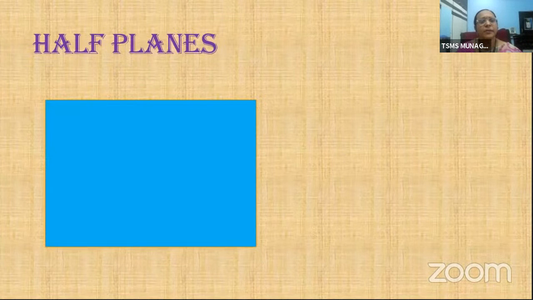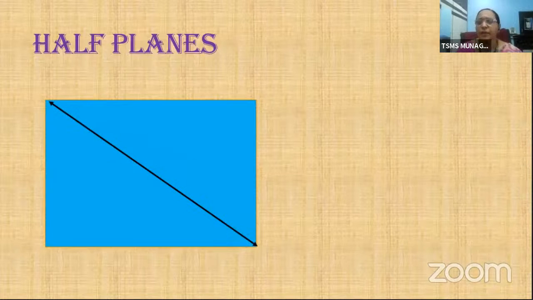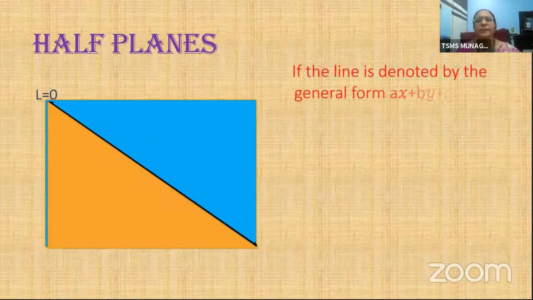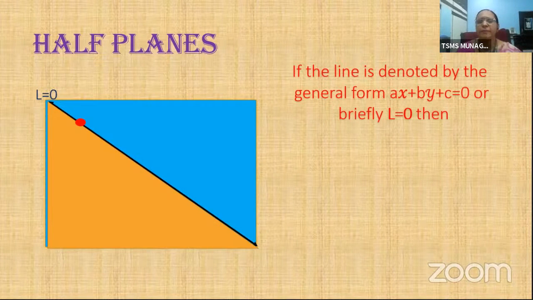Suppose the plane is divided by the straight line L equal to 0, which is given in the standard form ax plus by plus c equal to 0. Briefly, let us write ax plus by plus c equal to 0 as L equal to 0. Students, wherever you see L equal to 0, please remember it is the standard form ax plus by plus c equal to 0.